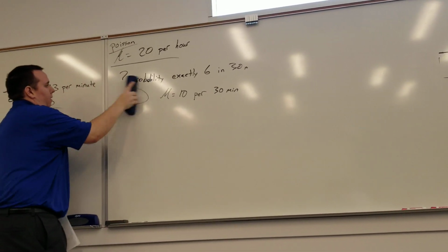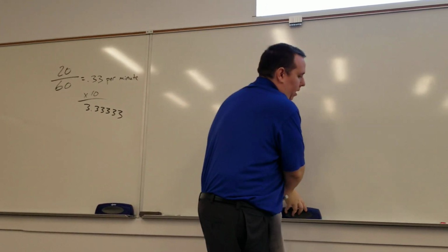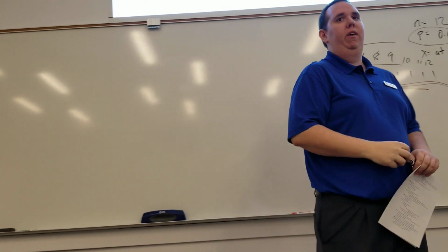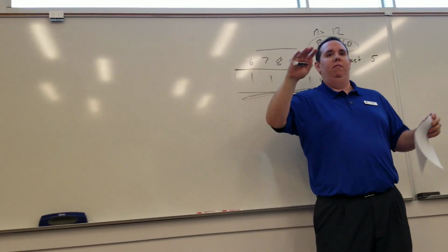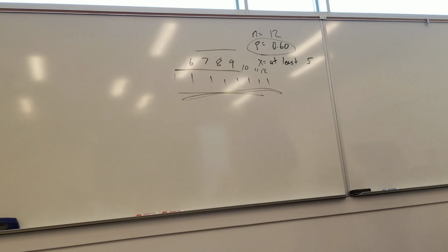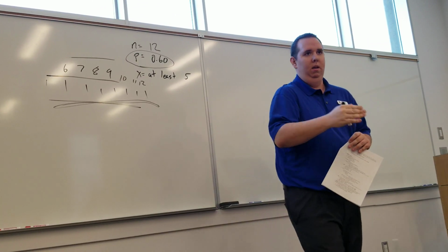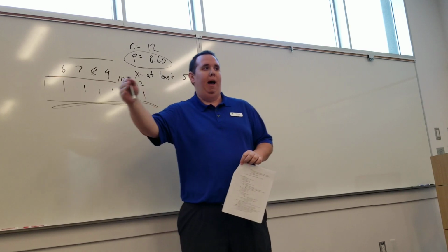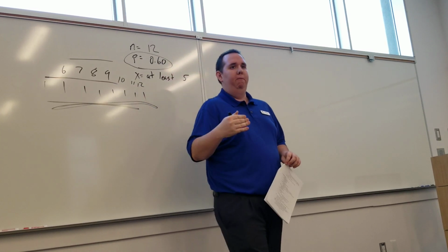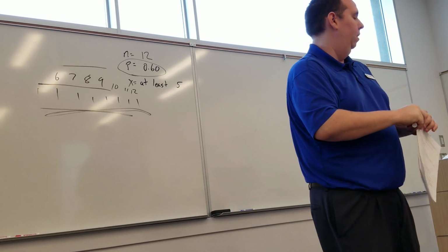A lot of the homework and stuff in class might have been, here's your sales, what percentile are they in? Out in real world scenarios, we want to be top 10%, top 5%, and we find out this is what we need to hit in order to get there.